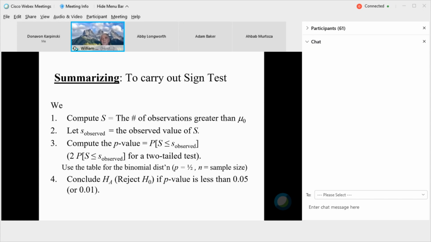To do that, you'd use the binomial distribution with p equal to half and n equal to the sample size, and reject H naught if the p-value is small, less than 0.05 or 0.01.